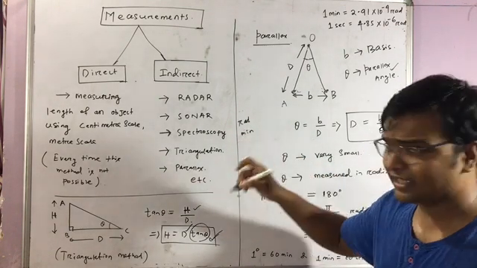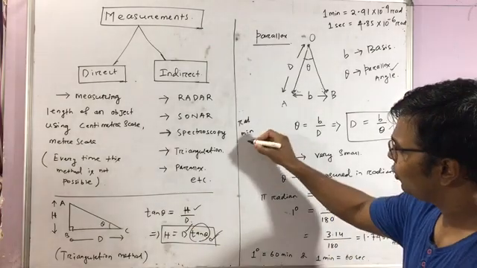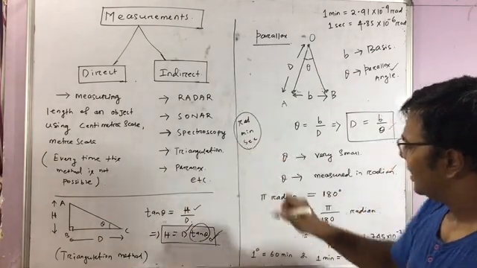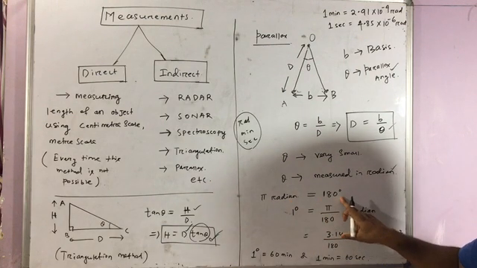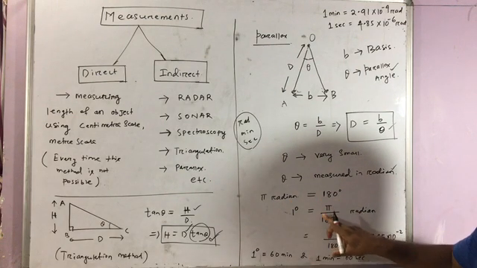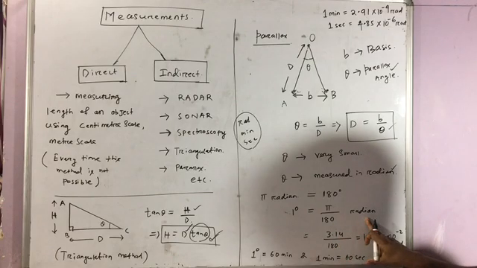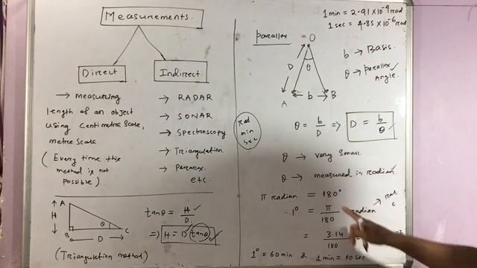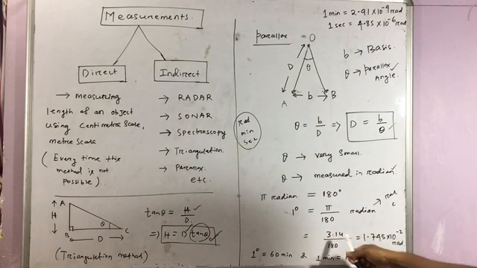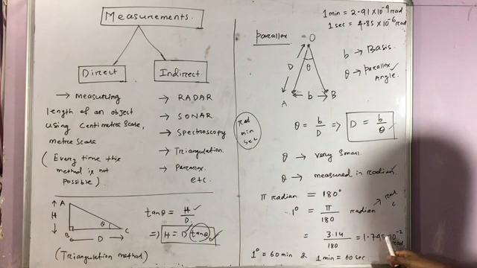Sometimes you will find minute. Minute is also another unit, also second. Clear? Now you see, the conversion factor is here. Pi radian is equal to 180 degree, and 1 degree is how much? Pi by 180 radian. Radian in short form you can write rad. Clear? So pi by 180, pi is 3.14 by 180. If you calculate, you are going to get 1.745 into 10 to the power minus 2 radian.